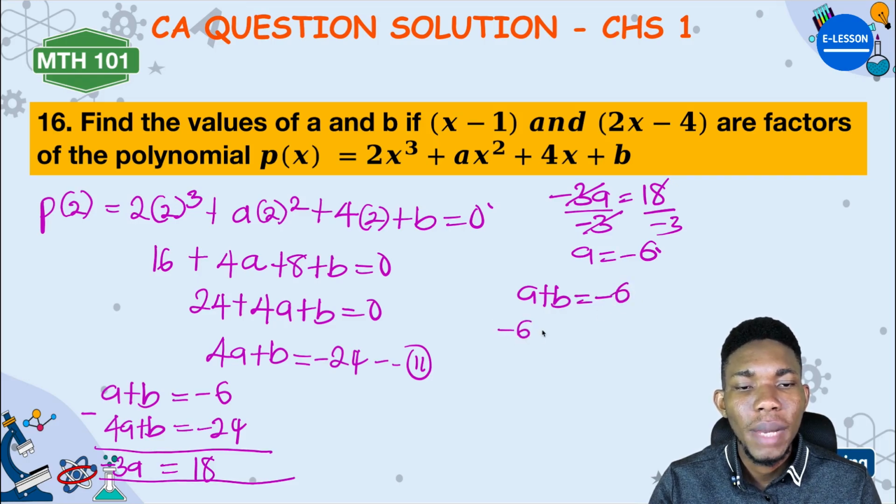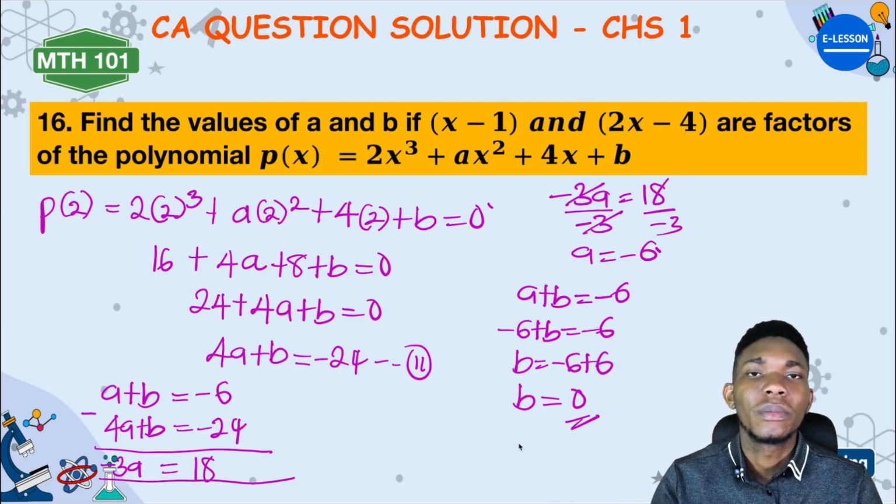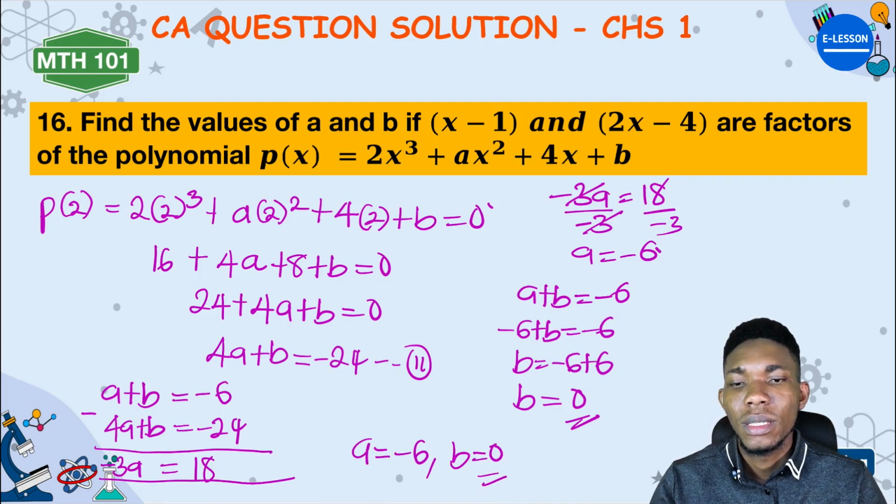A is minus 6, so minus 6 plus B is minus 6. B will now be equal to this, minus 6 crossing to this side becomes minus 6 plus 6. So B is minus 6 plus 6, which gives us 0. So the correct answer to that question is what? 0. So for this question, A is minus 6, B is 0. It's a very simple question.